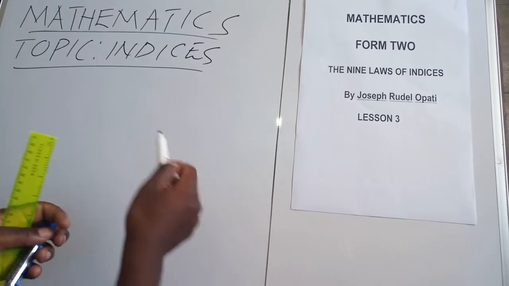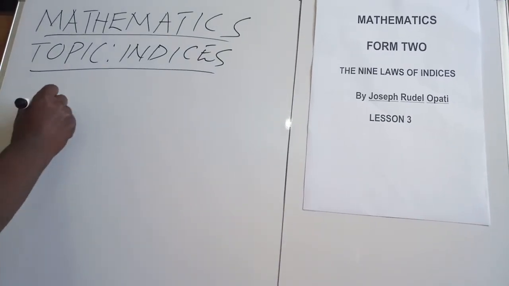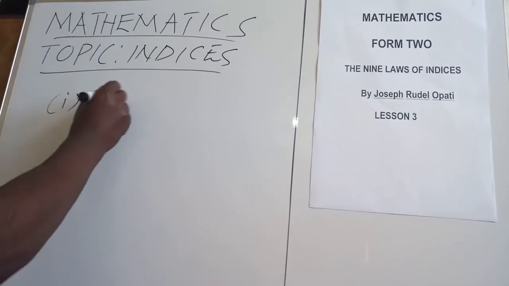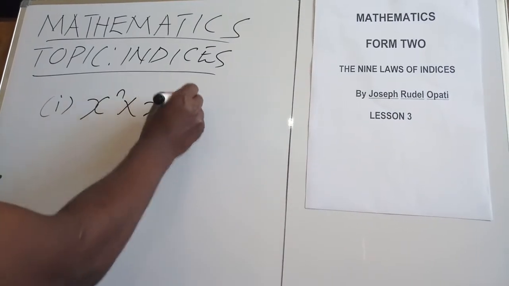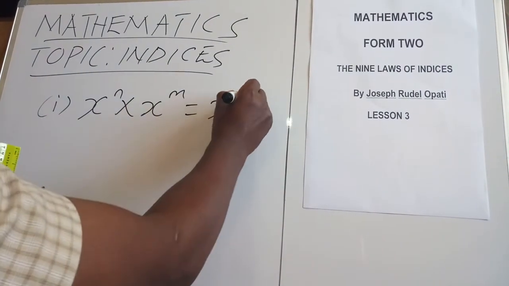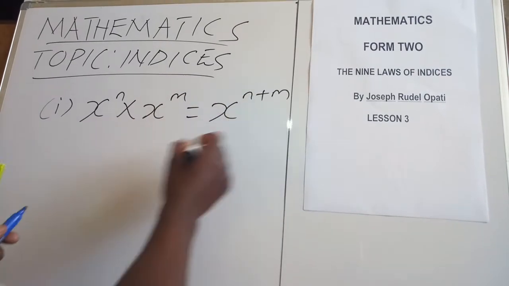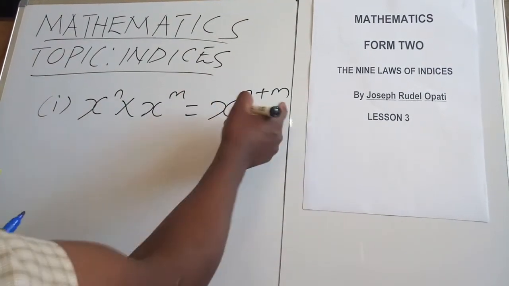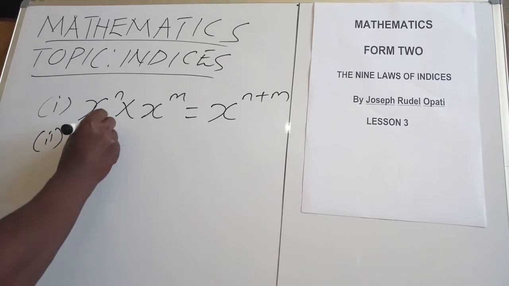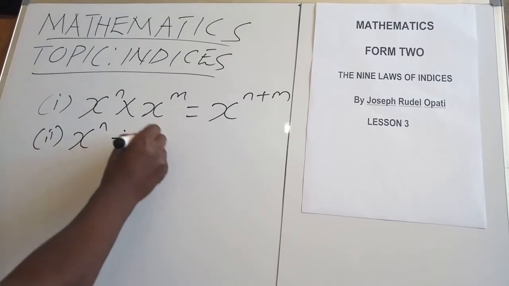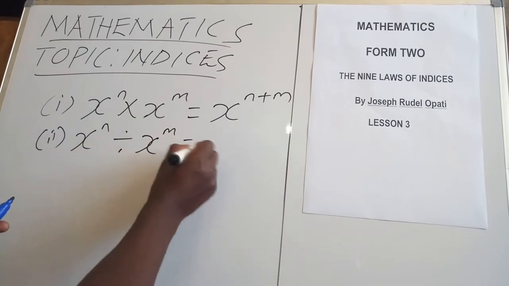The first law was what? The law of multiplication of numbers to a similar base. We said the outcome is what? You add the indices. Roman 2, we have covered the law of division of numbers to a similar base.